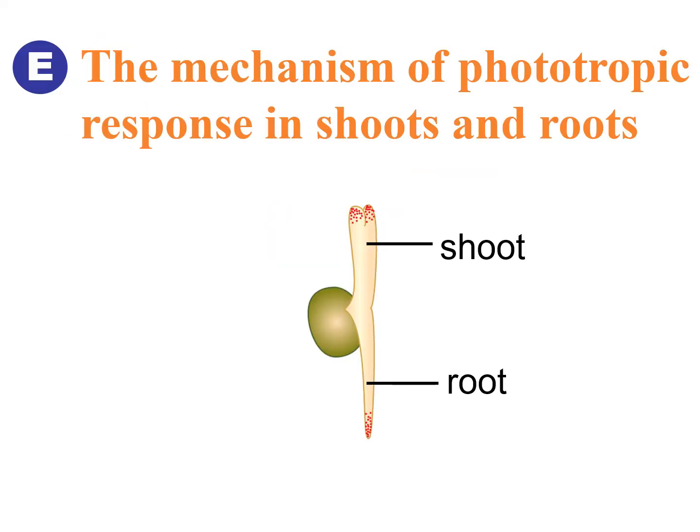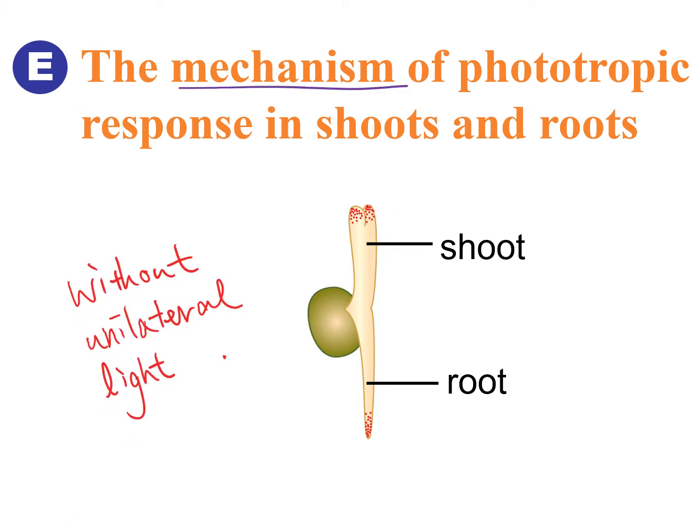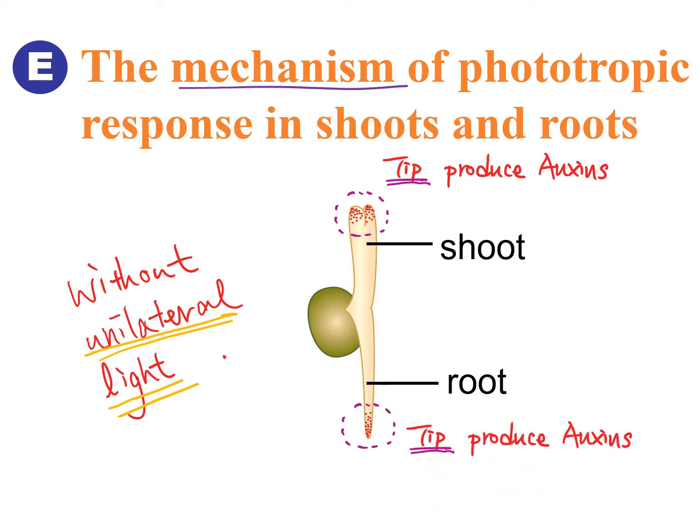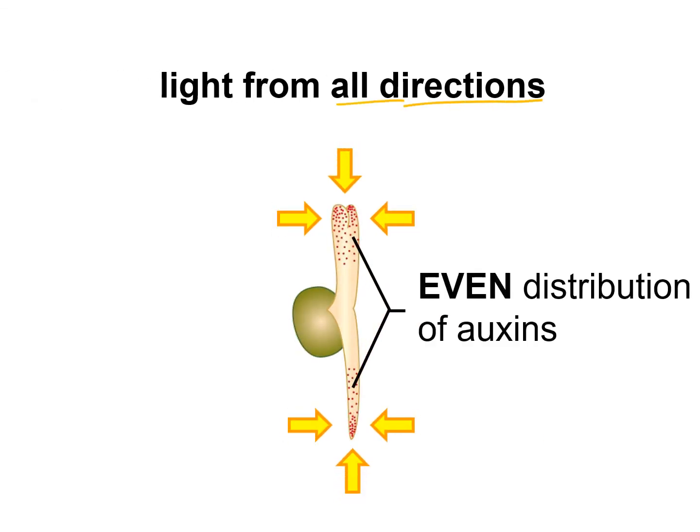Let's take a look at the mechanism of the phototropic response in the shoot and root when there is no unilateral light. Same case as before, the shoot tip and the root tip is going to produce the plant hormone, auxins. When there is light from all different directions, that means there is no unilateral light, there will be an even distribution of auxin on both left and right side of the shoot and root.